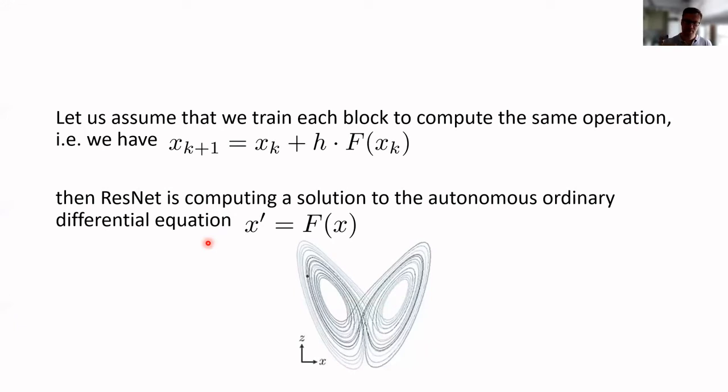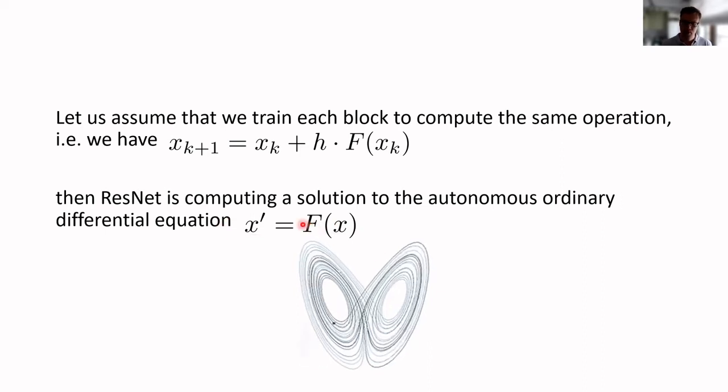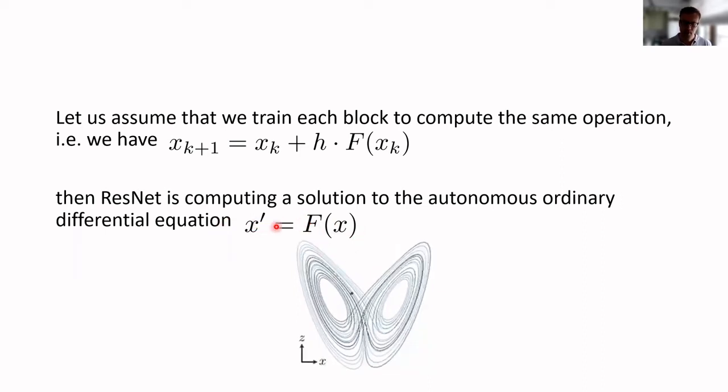So this is a solution that you can compute, because you just iterate. This is a solution for some continuous equation, known as a differential equation, and this can produce really nice behavior.